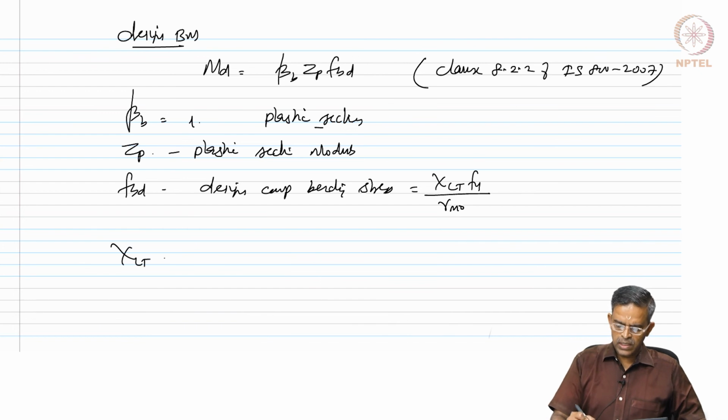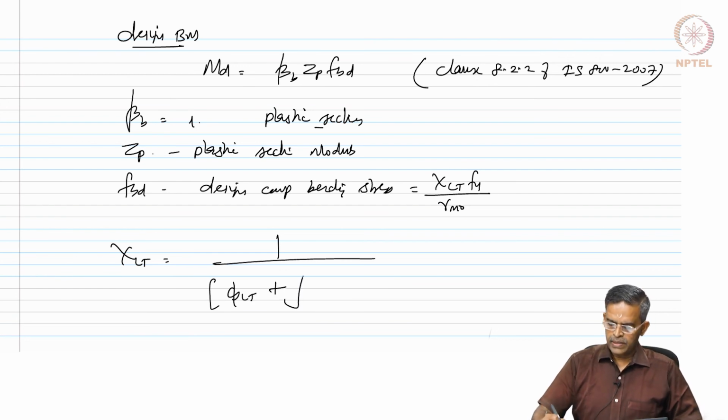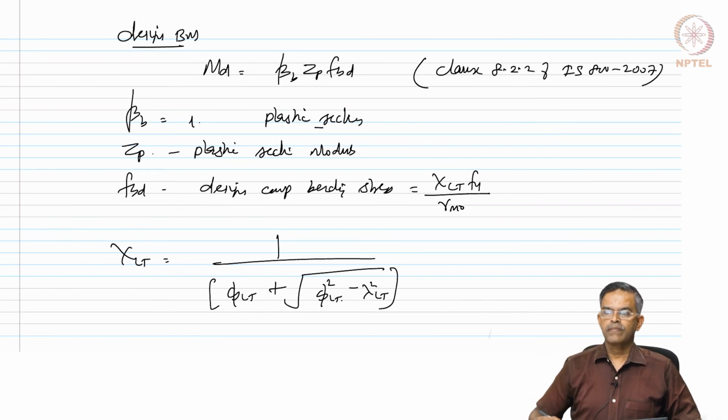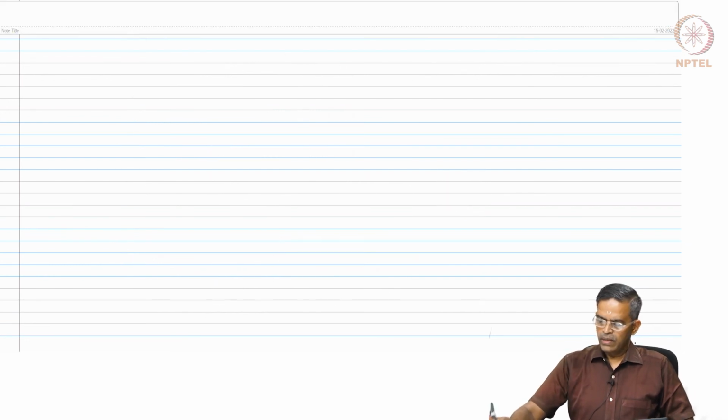So, let us see what is chi LT? We already know this. Chi LT is 1 by phi LT plus square root of phi LT square minus lambda LT square.